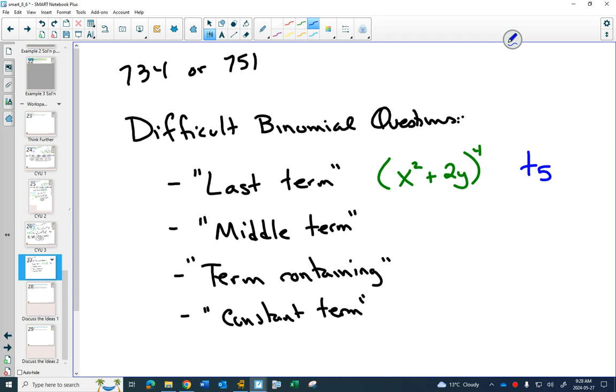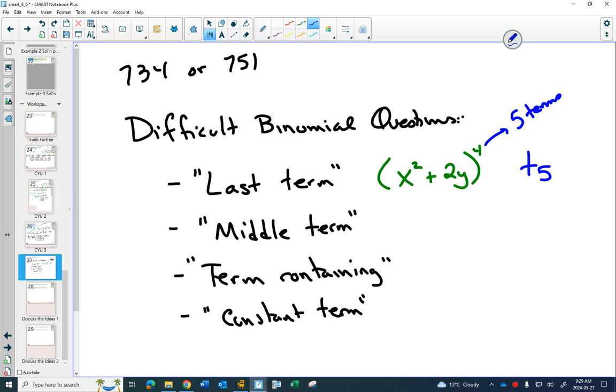So a little bit more thinking, but I would say the last term ones are almost as easy as the ones saying just find term 8, find term 9. But you have to know how many terms there are, and you always know how many terms: it's one more than the exponent. So if this one said find the last term, you'd be like, oh, there's 5 terms.